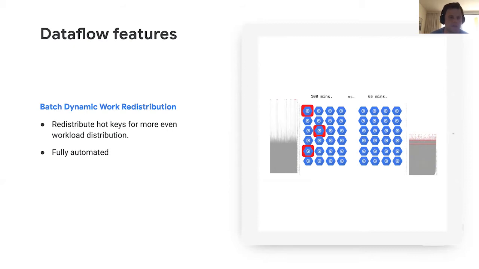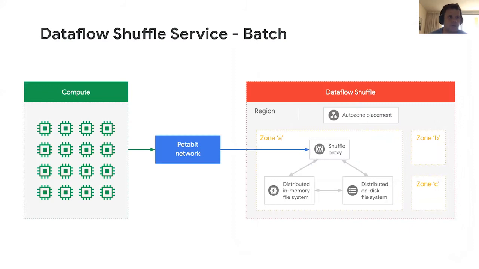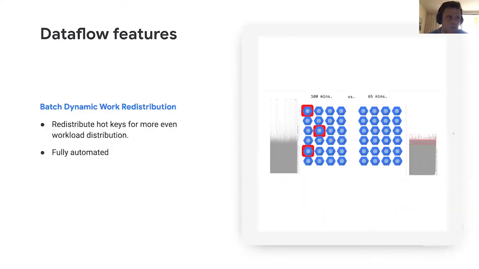Again, that's available and fully automated. We also provide a set of hints, so you can detect hotkeys and apply some logic to give hints to the worker to split these bundles and then distribute them evenly. But yeah, that's the key feature here.